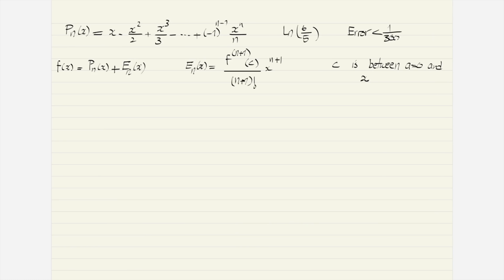So in order to know E sub n completely, I need to calculate this. Of course, I don't know anything about c. I know that c is between a equals to 0 and x, whatever x is. But let me calculate this one first.